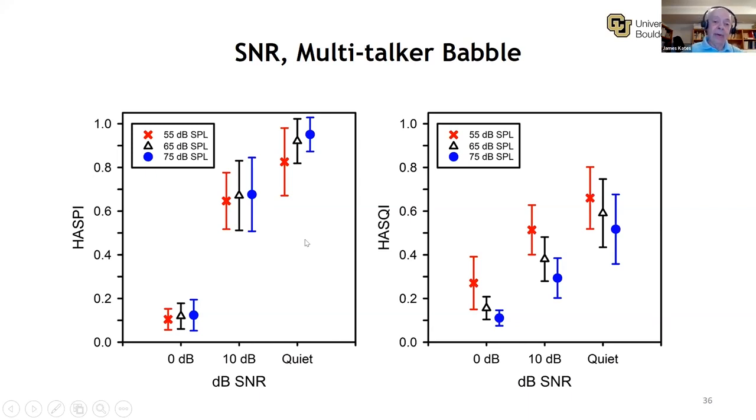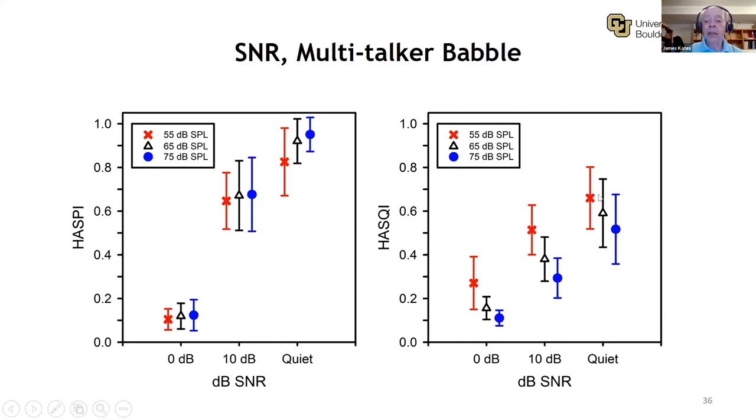In quiet, however, amplification does help, because now you're amplifying the speech and perhaps some of those low intensity portions of the speech above the impaired auditory threshold. And you can now see that there is some additional benefit to amplification. So this reinforces the statement that we heard earlier, that speech in noise is a big problem.